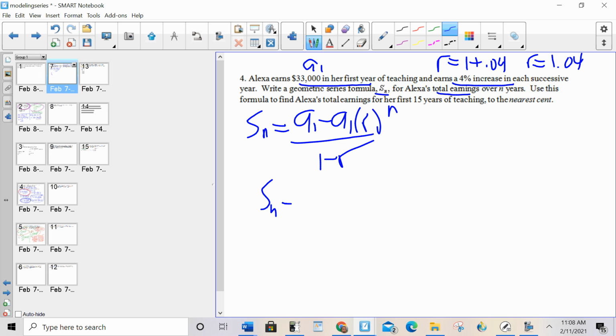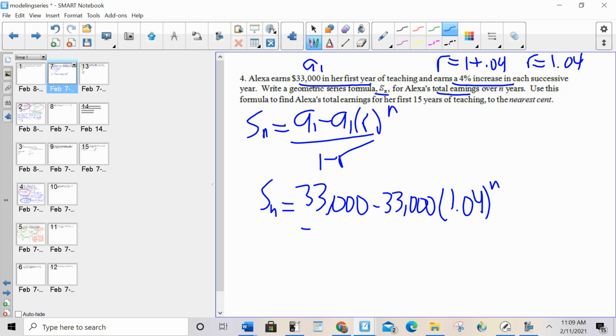Sn equals 33,000 minus 33,000. R is 1.04 to the N over 1 minus 1.04.